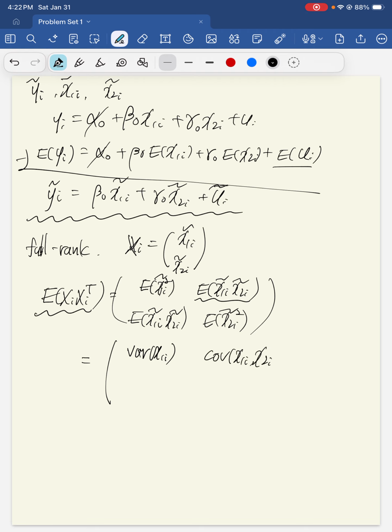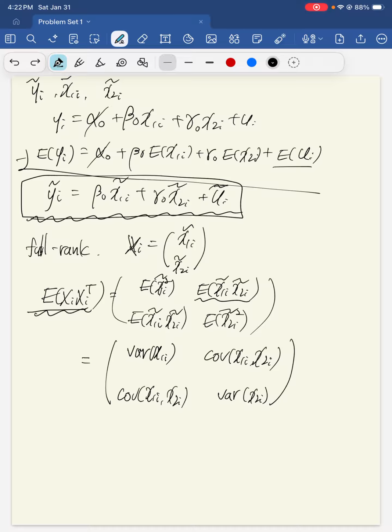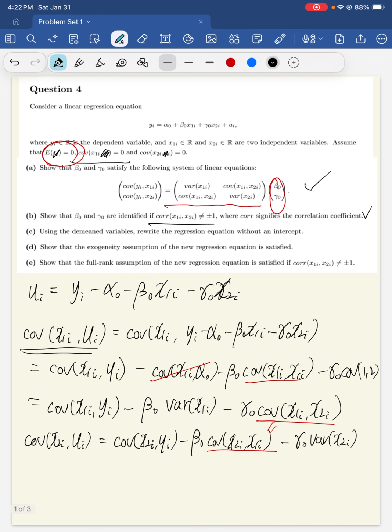We showed why in the previous question, so I believe it is straightforward. For this equation's full rank assumption to be true, the matrix should be invertible, so its determinant should not be 0. That is, the correlation coefficient is not equal to minus 1 or plus 1. We get the same thing, so the full rank assumption is the same.